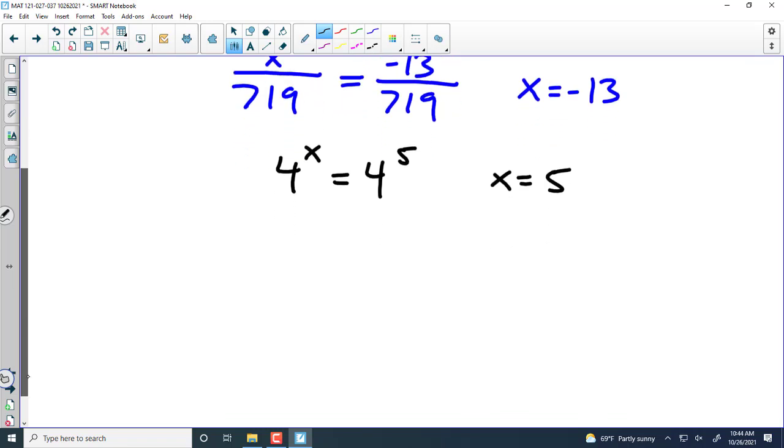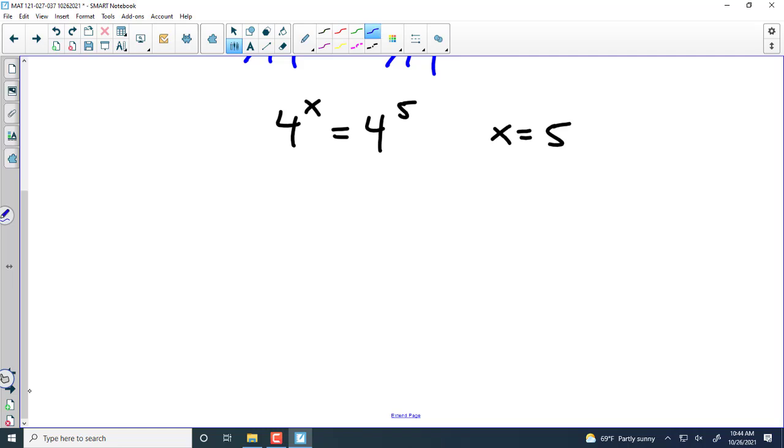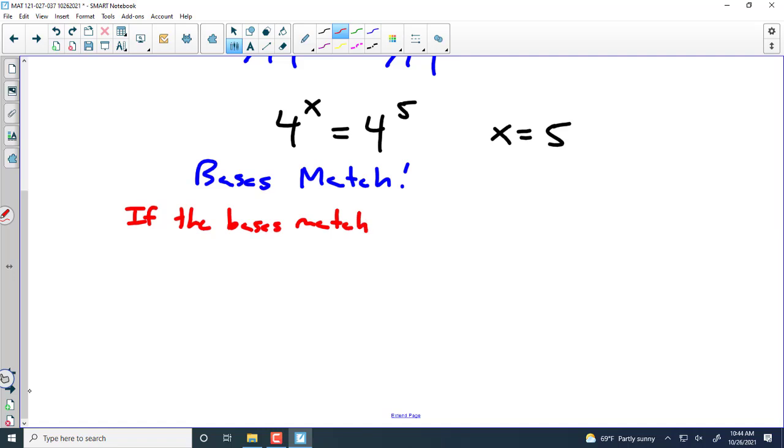And the reason we can get that one quickly is because the bases match. There's actually a rule that says this: if the bases match, the powers match.